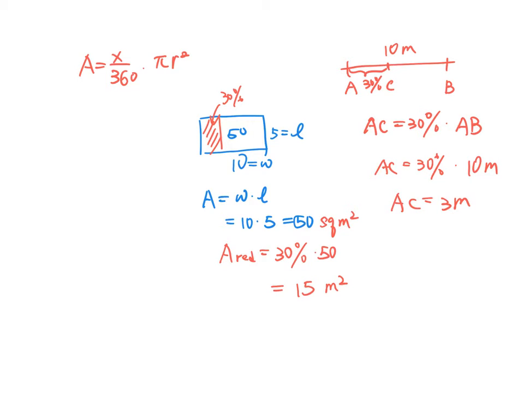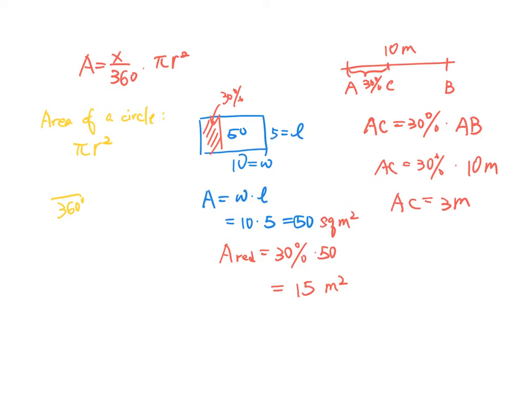Now let's look at the area of a sector. I know the area of a circle is pi r squared, and I also know that the entire circle measures 360.